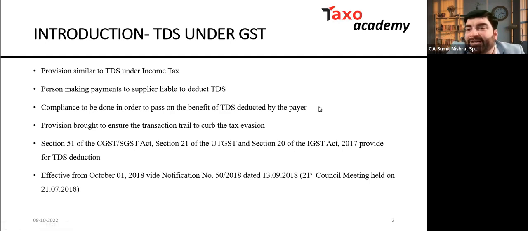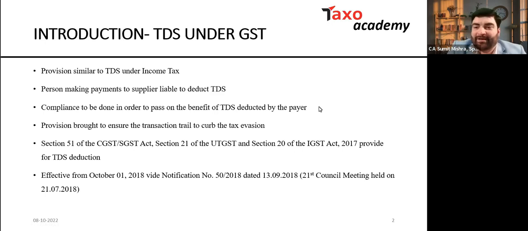The basic idea behind bringing in the provision of TDS is to curb tax evasion. There are certain transactions where the recipient is not supposed to take registration. In that scenario, if I am a supplier, I can easily hide that transaction by not showing it in my return, because the recipient is not registered and will not show that transaction in any of their returns.